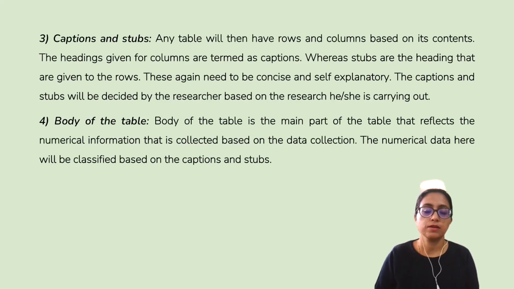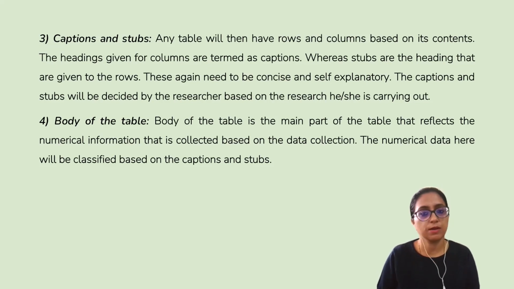Next, coming to captions and stubs. Any table will have rows and columns based on its content. The headings given for columns are known as captions, and stubs are the headings given for rows. We will see an example of a table with captions and stubs. These again need to be concise and self-explanatory. There should not be very long captions and stubs.